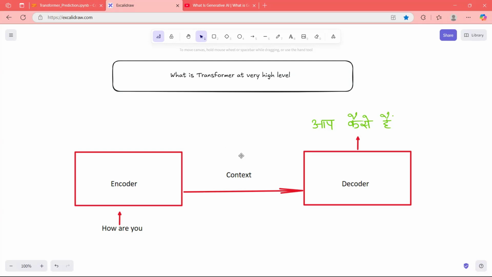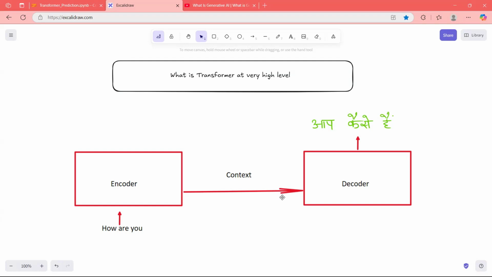Now what we need to do is see what happens inside the encoder and what happens inside the decoder. And that is what we will do now. Before that, if you want to understand an elephant, you have to break the elephant into multiple components. You cannot have a full view of the elephant standing at any one position.